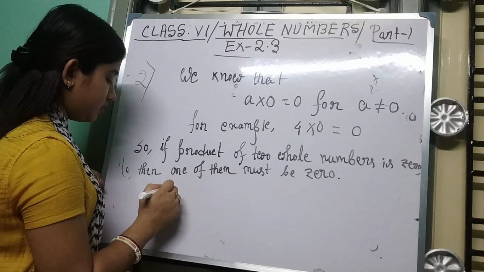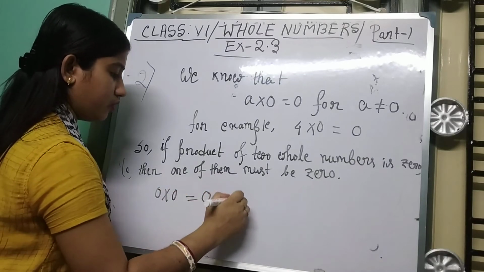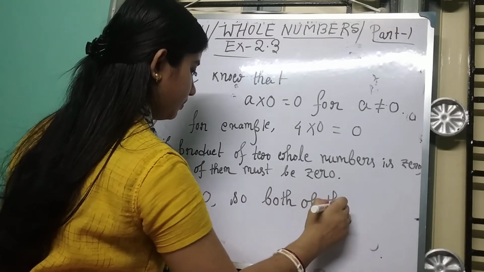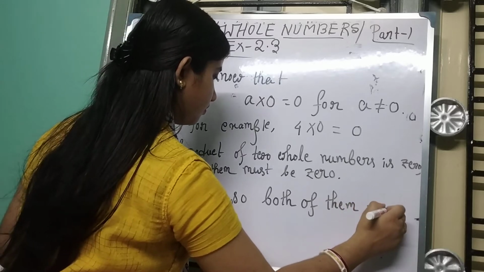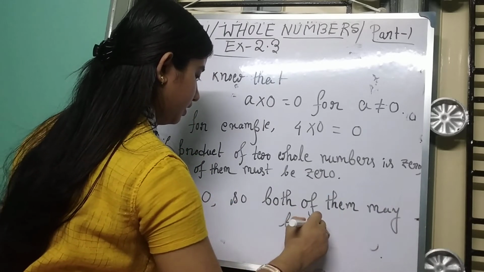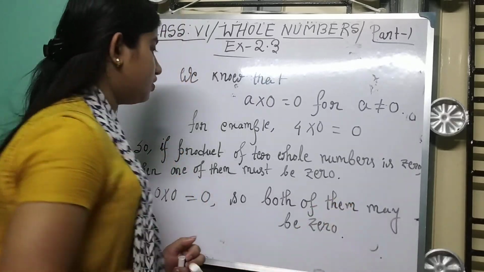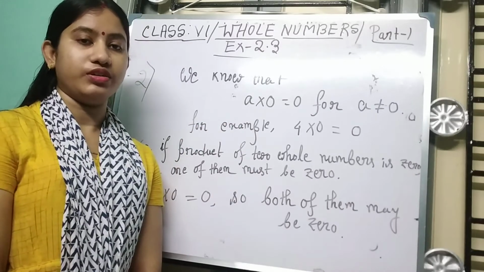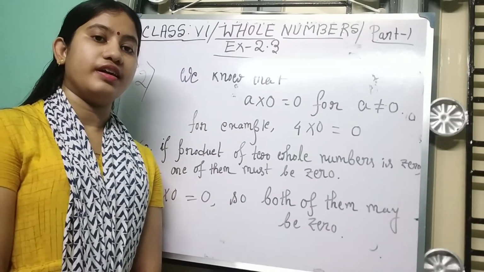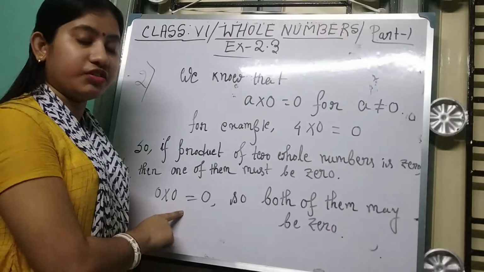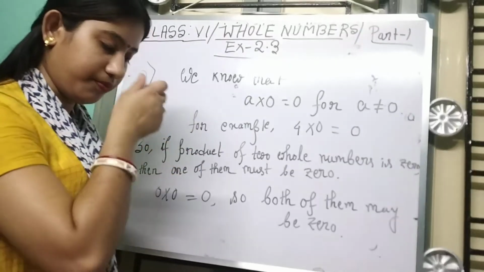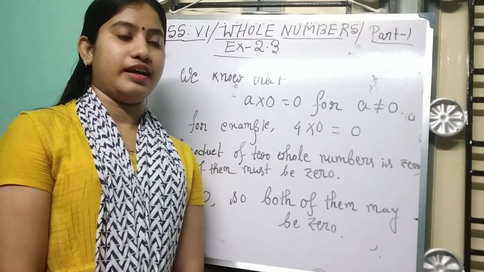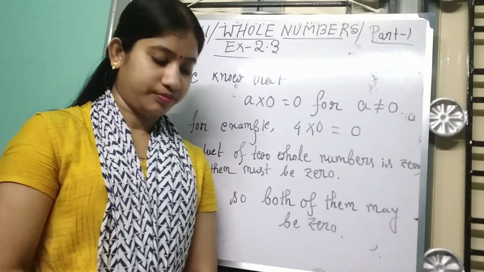Again we see that 0 into 0 means 0. So both of them may be 0. So we show that for any non-zero number, if we multiply it by 0, then we must get 0. And for zeros, if we multiply 0 by 0, then we obviously get 0. So if the product of two whole numbers is 0, then we say that one of them is obviously 0.